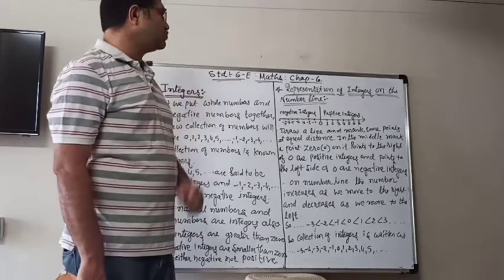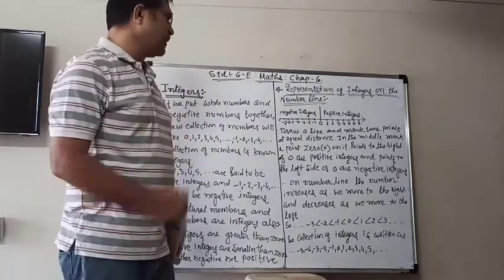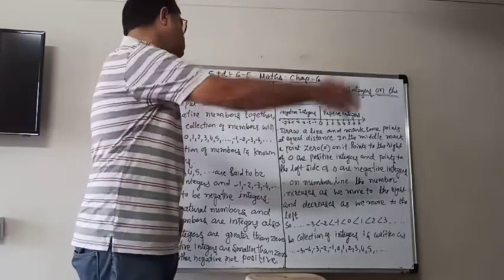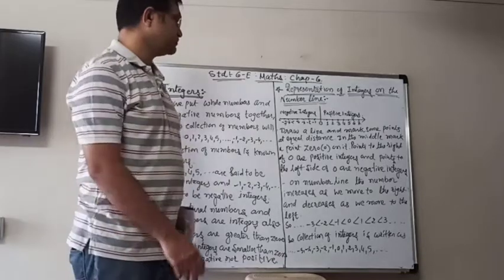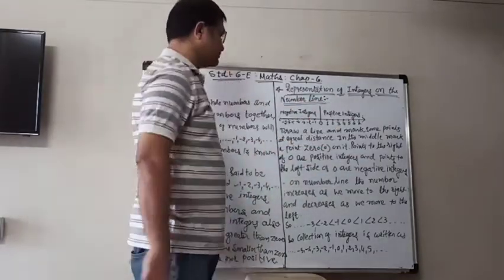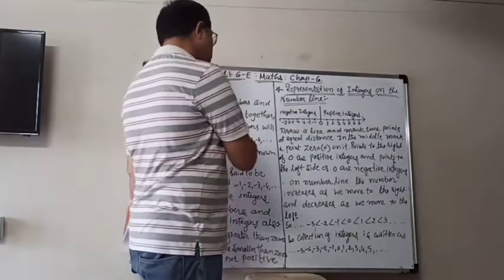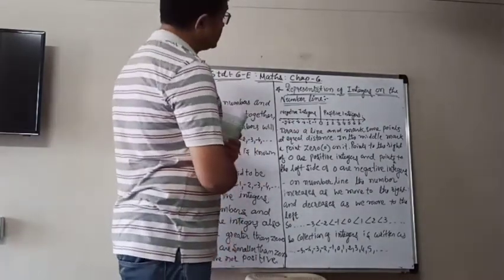Now also remember that on the number line, as you move to the right side, the numbers are increasing, and if you move to the left side, the numbers are decreasing.